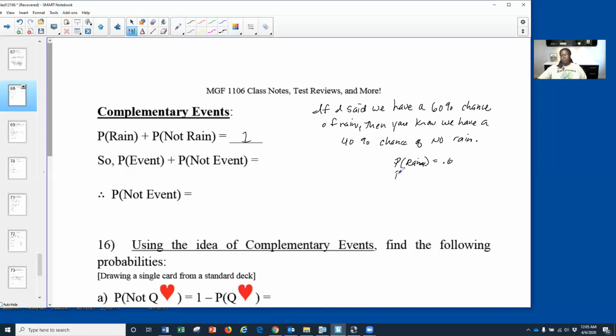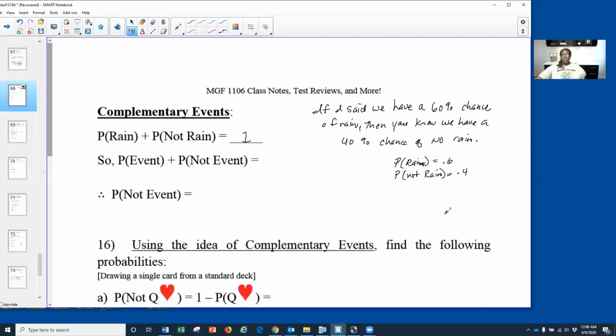And then the probability of no rain would be 0.4.